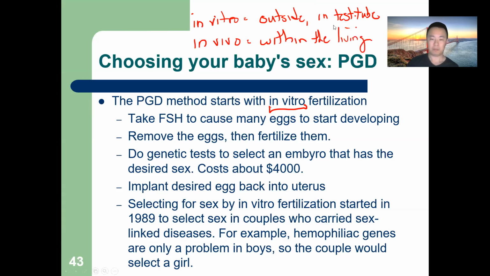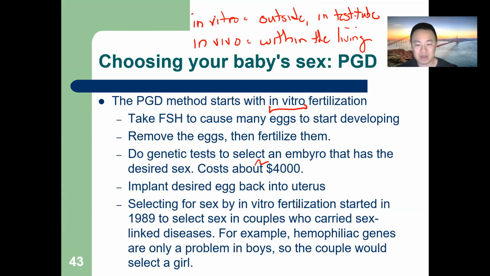Okay? Now, they do genetic tests after they fertilize these eggs to select an embryo that has a desired sex, so either male or female. And that test would cost roughly around $4,000, maybe more today. This I haven't checked on the prices yet. And then once they've picked the correct one, they'll implant the egg back directly into the uterus, and it'll take off from there.